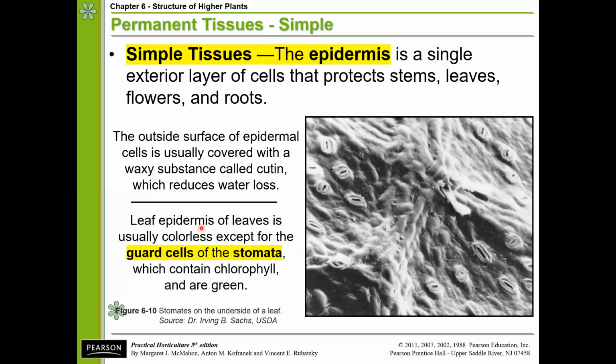So when we look at leaves, and this is just an image of the underside of a leaf right here, we can see that we have these pores on the underside of the leaves that extend through that cutin and open up to absorb carbon dioxide, take in the gases, and to release some of that water vapor. So these are stomata, or stomates, whatever you want to call them. Individually, I guess they would be stomates. Collectively, they're stomata.